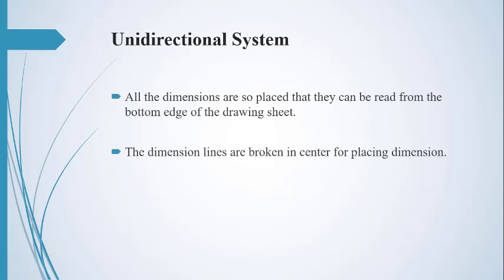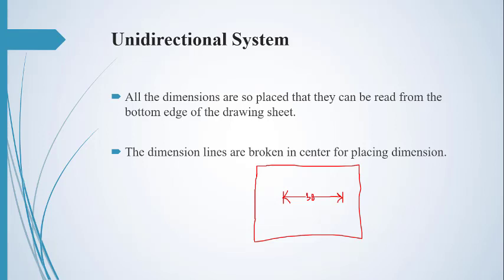These two statements say that, for example, if we have a drawing sheet and we want to give any dimension, the dimension line must be split in two parts in the center. Like here I have split this line in the center, and I will write the unit here in the center.